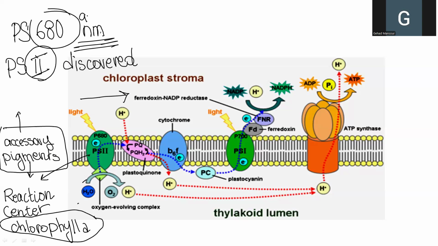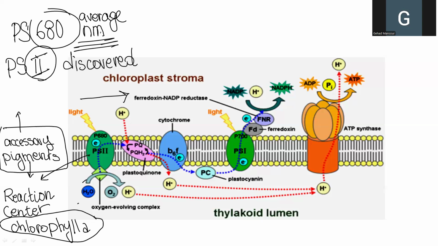Why? Because every accessory pigment absorbs a wavelength that is different from the others. So the average is calculated by adding the wavelengths of each type of pigment and dividing by the number of pigments, but we have to take into consideration that these pigments are not present in equal masses inside the photosystem, so they have their relative weights or relative masses.